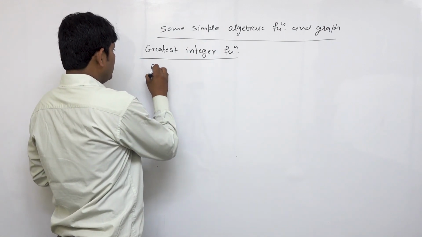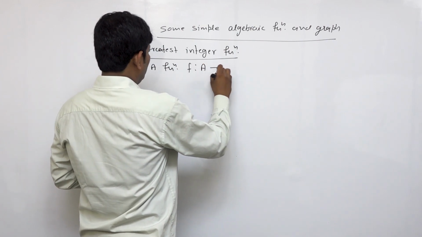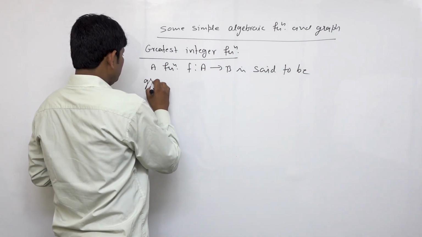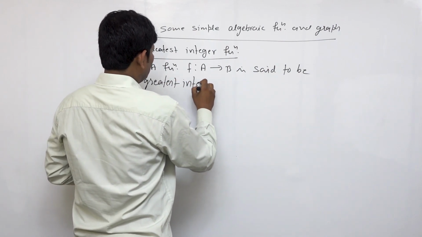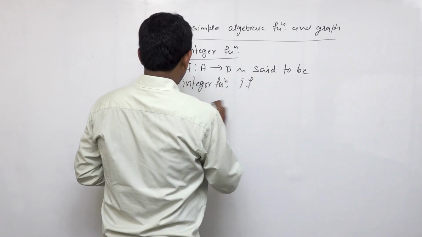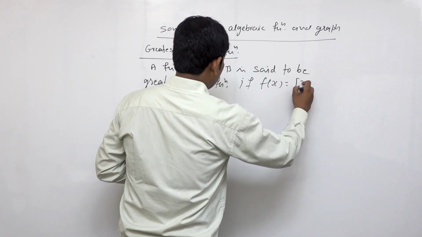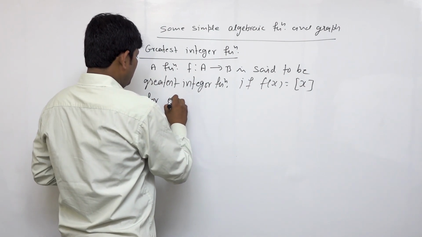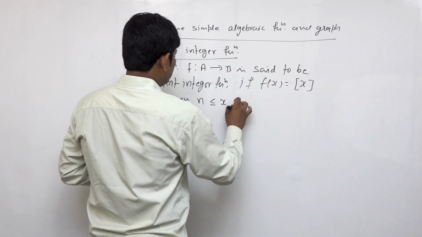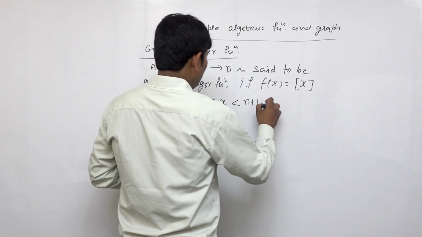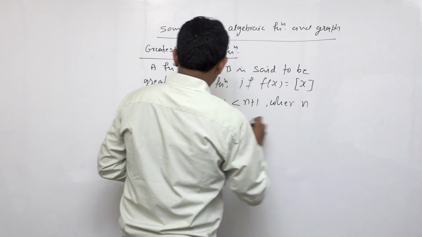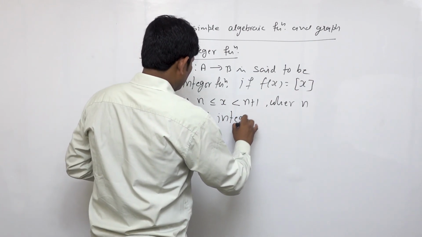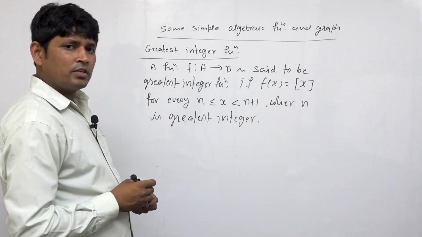A function f defined from A to B is said to be a greatest integer function if f(x) is equal to n, for every n less than or equal to x less than n plus 1, where n is the greatest integer. This way we can define the greatest integer function.